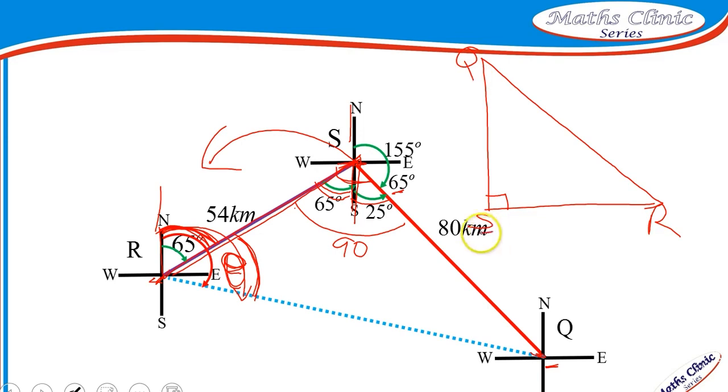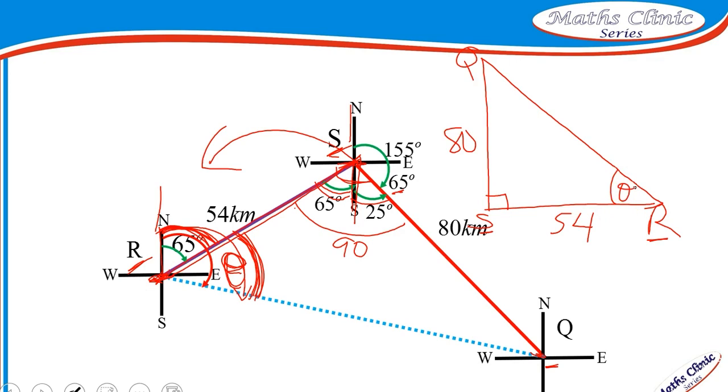Now we know that S to R is given as 54, so I can put 54 here, and then here will serve as 80. Now the angle I want to calculate is theta at the point R. So at the point R, theta is here.